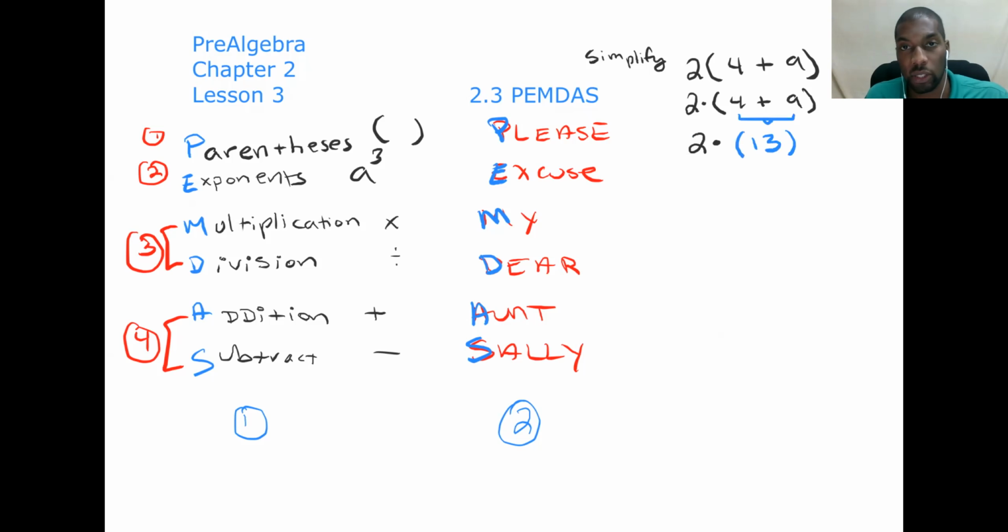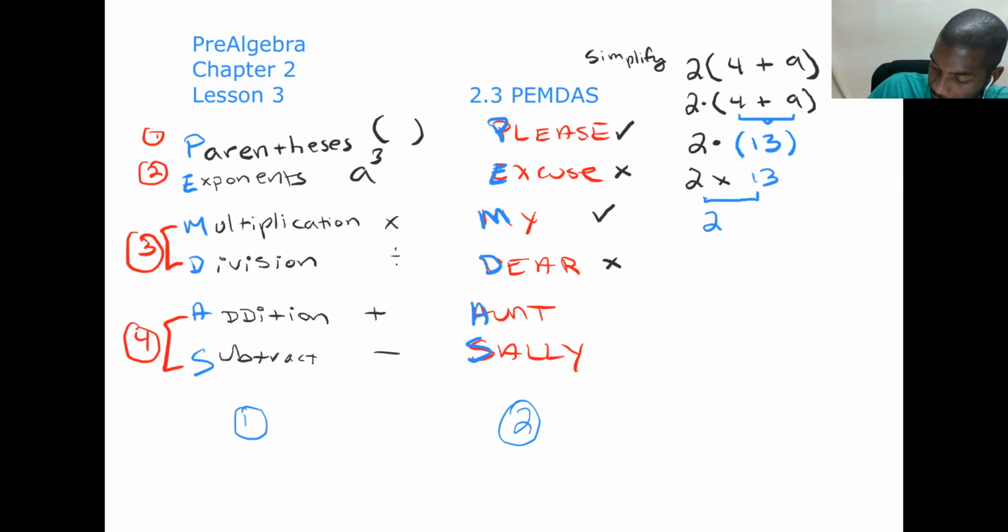Do I have any exponents? Nope. So let me actually write a little x next to the things I've done so far. I have parentheses, so I fixed that. Then do I have any exponents? Nope. So that's an x. Do I have multiplication or division, whichever comes first? I don't have any division, but I do have multiplication. And I have a 2 times a 13. 2 times 13 comes out to be 26.